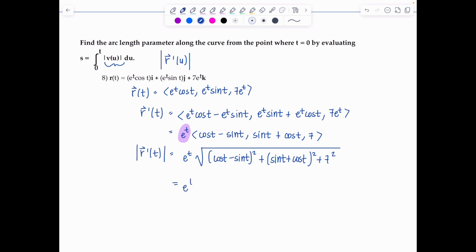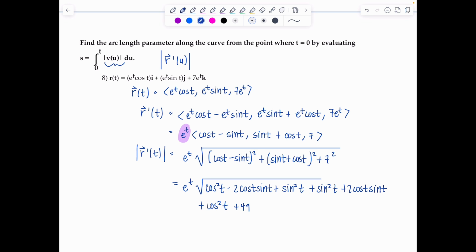So just leave that e to the t outside. It's minding its own business, letting us focus on the rest. Cosine squared t minus 2 cosine t sine t plus sine squared t plus, multiply out the other one, sine squared t plus 2 cosine t sine t plus cosine squared t plus 49.